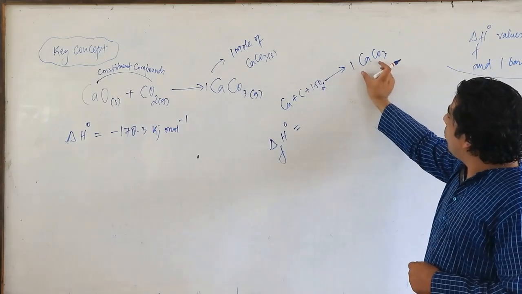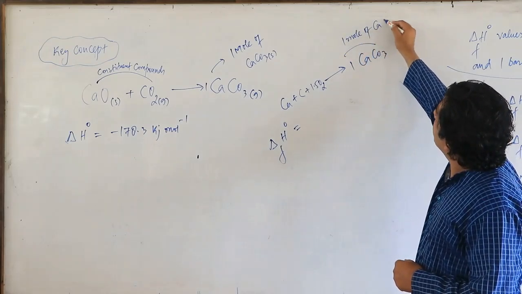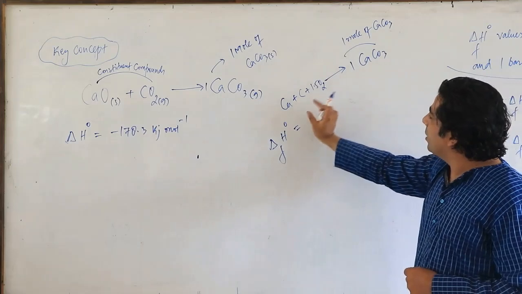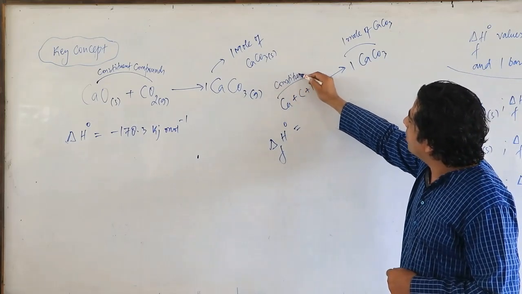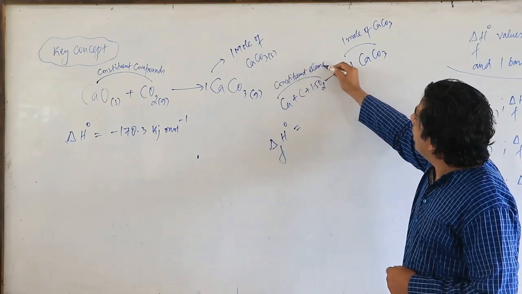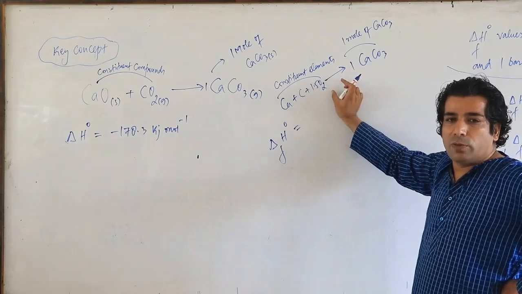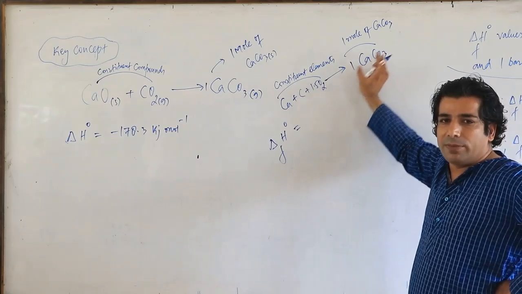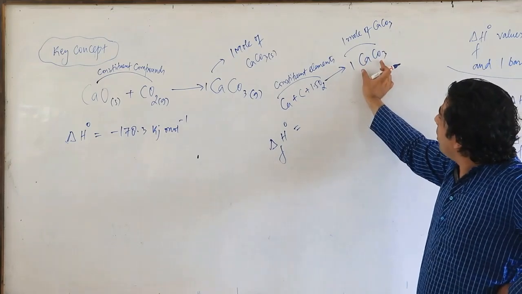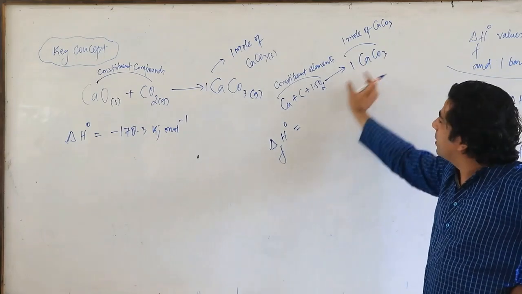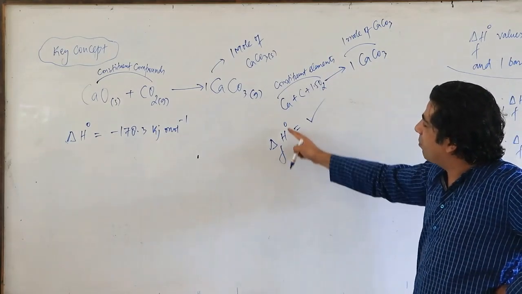The constituent elements here are calcium, carbon and oxygen, 1.5 times O2, that will become O3. Correct, my dear friends? So when you make 1 mole of calcium carbonate from its constituent elements, then only I can take delta H F naught.